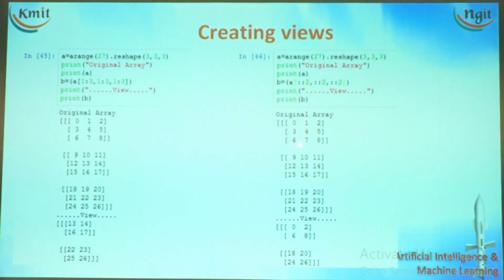You can see here 0, 2, and then the second step is skipped; 6, 8, and then this is skipped completely. Why is this skipped? In the dimension also, we are omitting one dimension and taking the other, not only in the rows and the columns. Clear, everyone? So this was about NumPy.